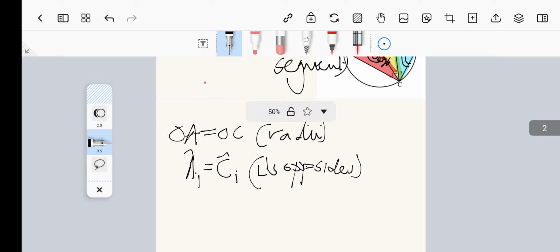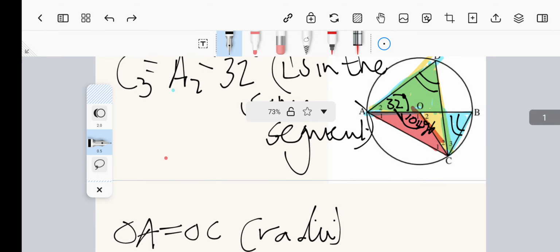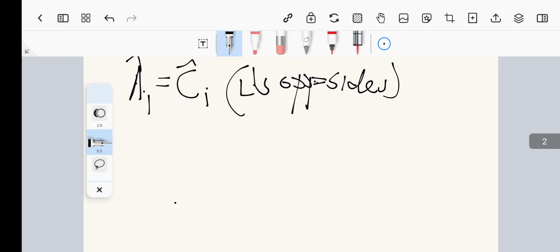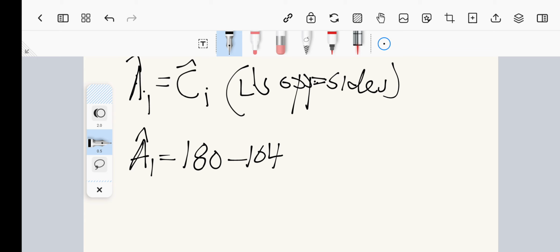So what will A1 be? Let's go look at our triangle quickly. Because A1 and C1 are equal to each other, we'll say that A1 is going to equal 180 degrees minus the 104, and we're going to divide all of this by 2.